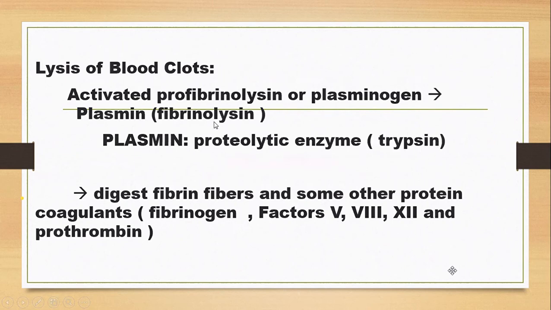So this plasmin or fibrinolysin helps in the lysis of clotting coagulants like fibrinogen, factor 5, factor 8, factor 12, and prothrombin. It gets confusing, we have many factors to remember.